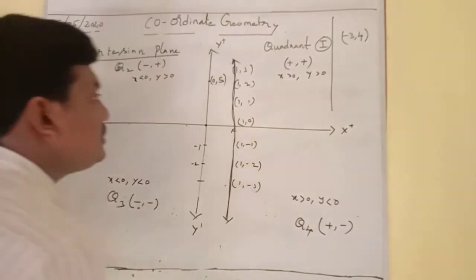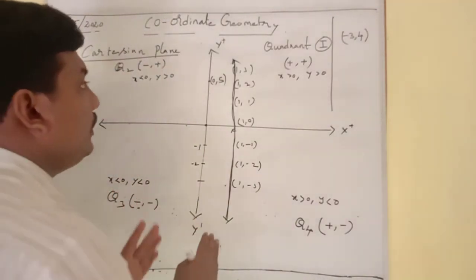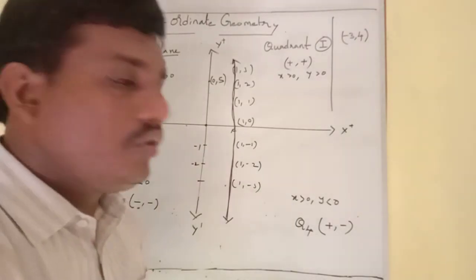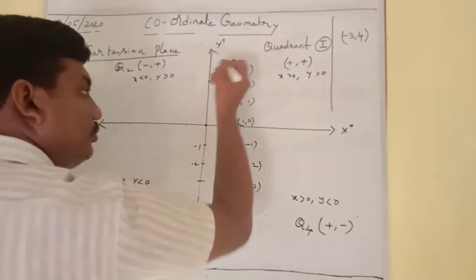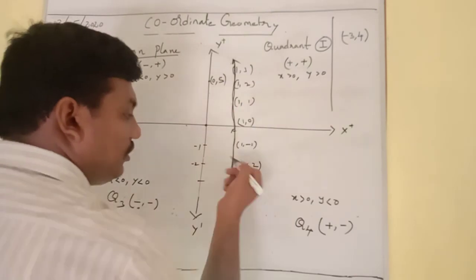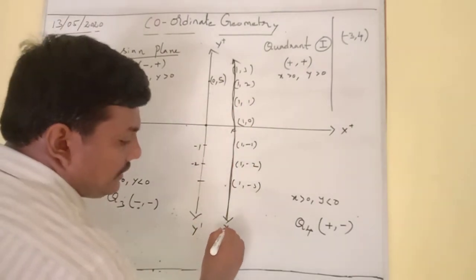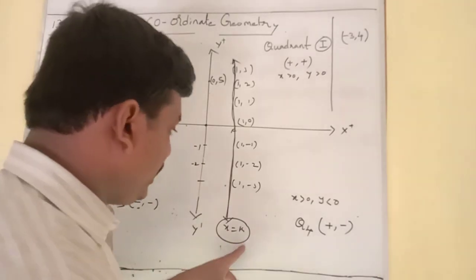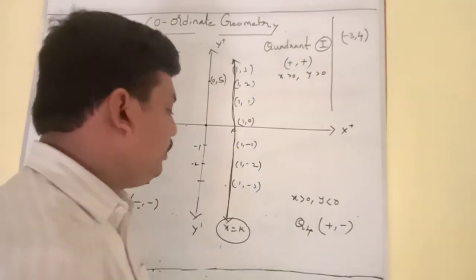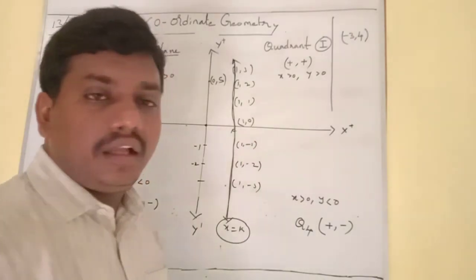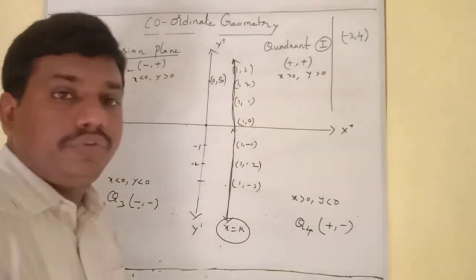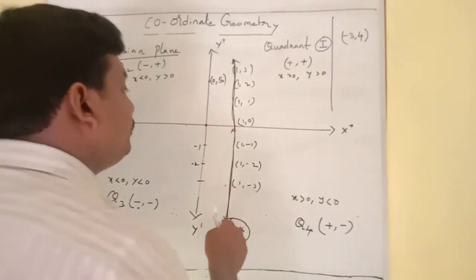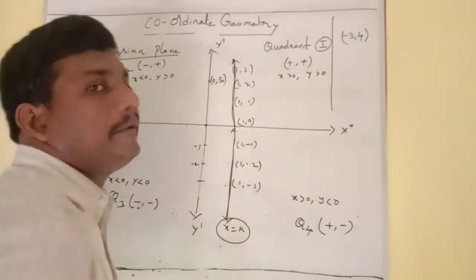When x is constant, if you observe this line, it is parallel to the y-axis. Here the x value is constant, so we can consider the line x = k, where k represents a constant. Why should we not consider a y value here? Because y varies. If you take y as any value but x is constant, the point is on this particular line only.